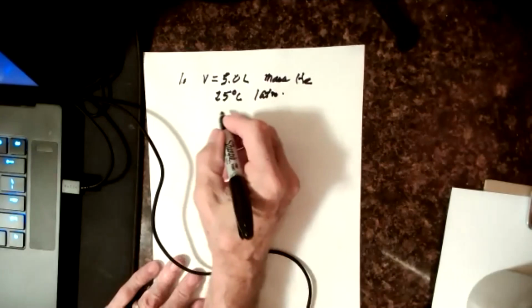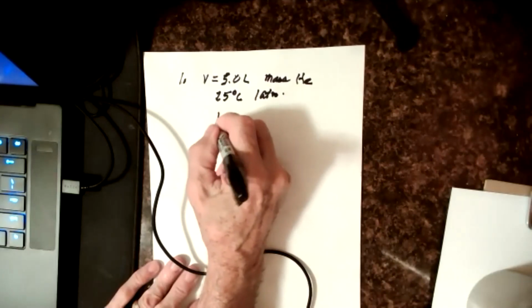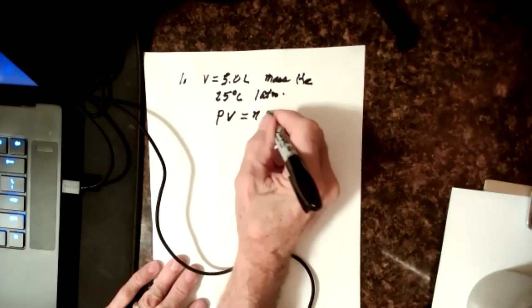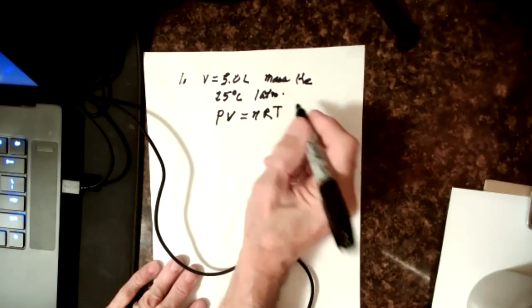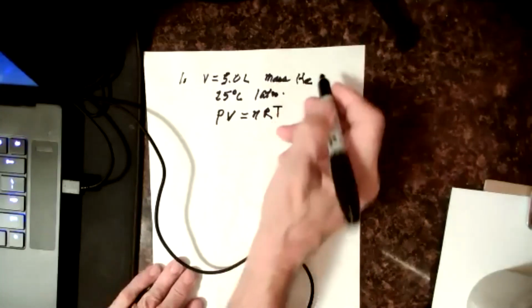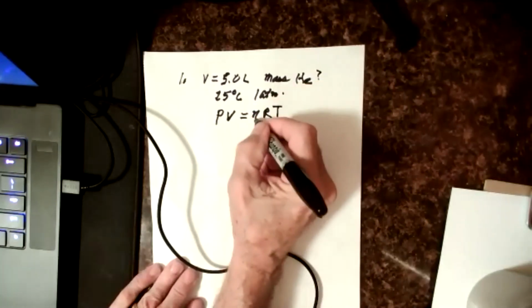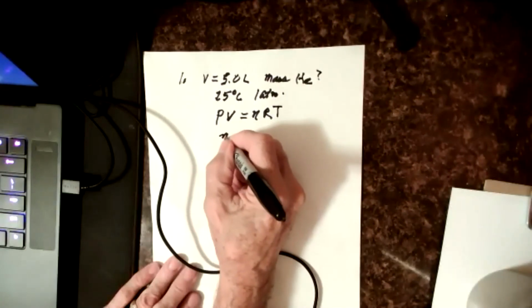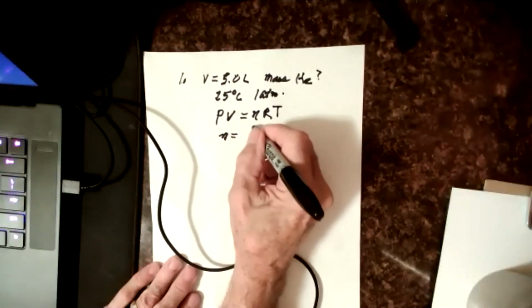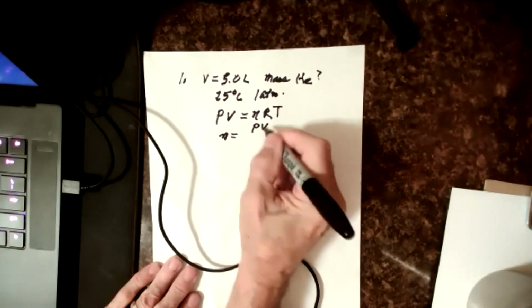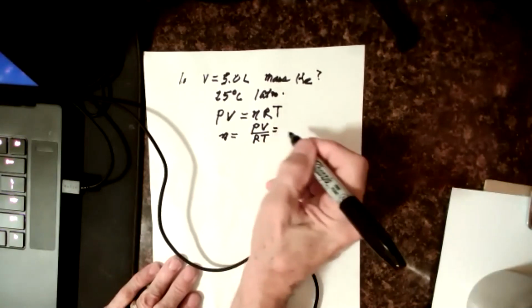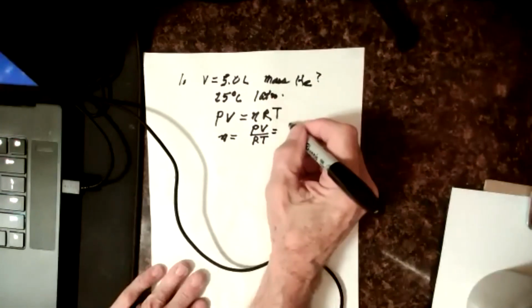Well, now that's going to be an ideal gas problem. PV equals nRT. So I wanted to know the mass, so I'm going to have to know the number of moles first. So the number of moles I'm going to get is P times V over R and T. Now, the pressure is 1 atmosphere.